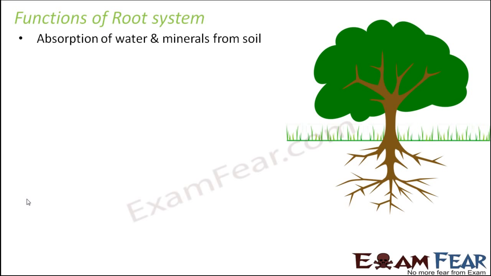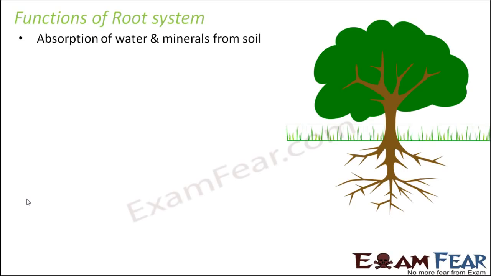The very basic function is absorption of water and minerals from the soil. Since these roots are present deep inside the soil, and we all know that soil contains so many minerals, the macronutrients, micronutrients, everything is present in the soil, and plants need all these minerals for their growth and development.